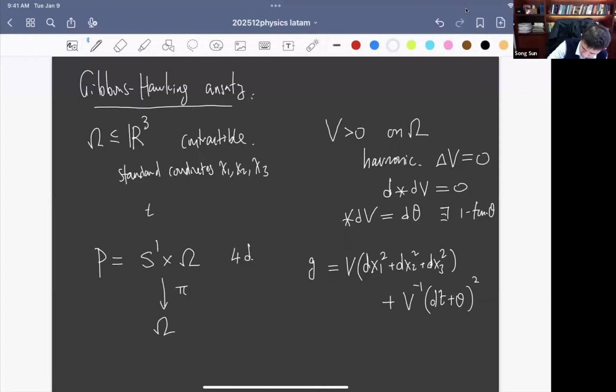Here t is a standard coordinate on S1, which you view as R mod Z.